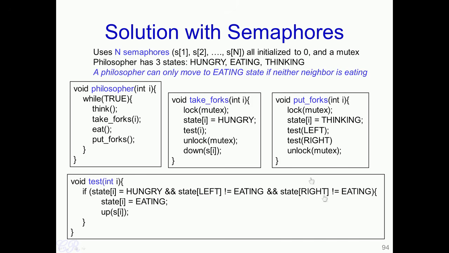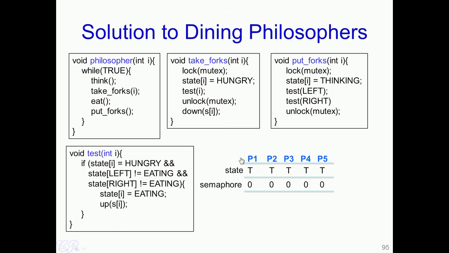So, let us look at this particular function in more detail. Let us say that these are the 5 philosophers P1, P2, P3, P4, P5, and let us say initially that all of them are in the thinking state. This is represented by the T over here, and as we know the initial values for the semaphores are all 0.